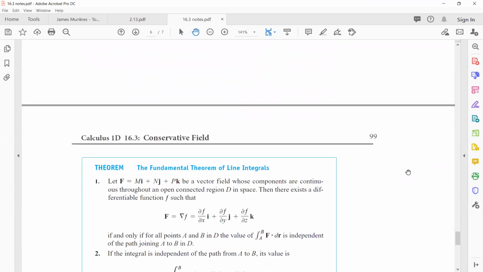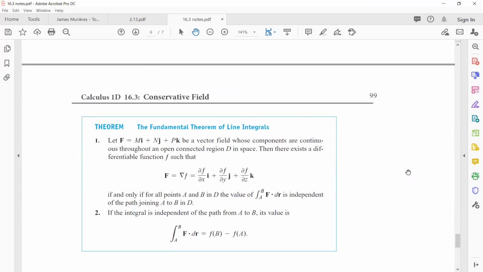And lastly, another theorem for you, the fundamental theorem of line integrals. Suppose function f has 3 components. It's a vector field with continuous components, and D is an open connected region.